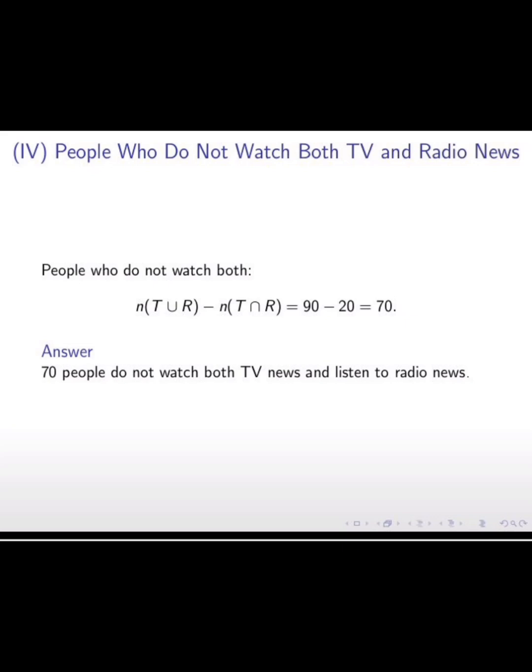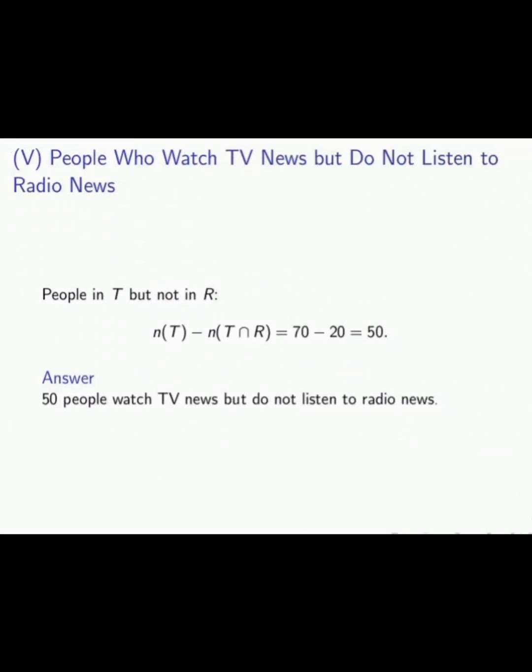Now moving down to question number 5. The next one we have is people who watch TV news but do not listen to radio. But do not. So it means we have people that watch TV news, which we've already known, but do not. So those that did not watch is the complement of those that watch.